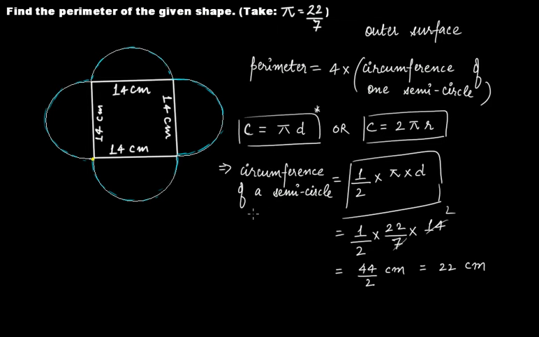So circumference of one semicircle is what? 22 centimeter. Therefore perimeter, let's denote it with P, will be 4 times circumference of one semicircle, that's equal to 4 times 22 centimeter. This comes as 88 centimeter.